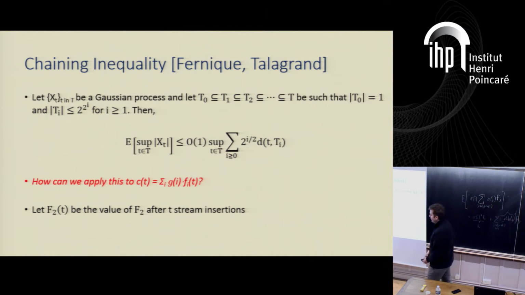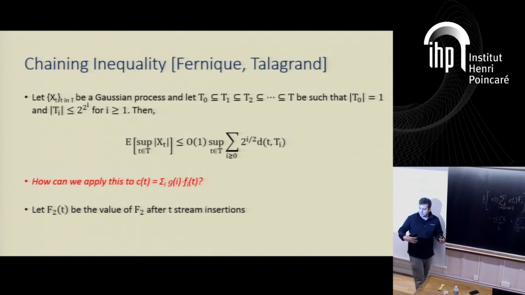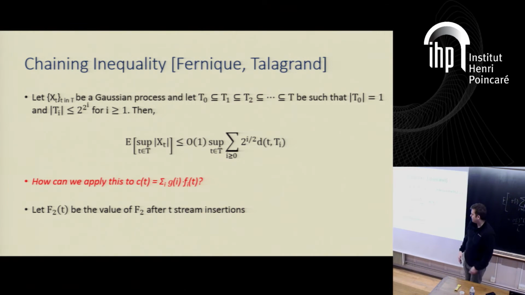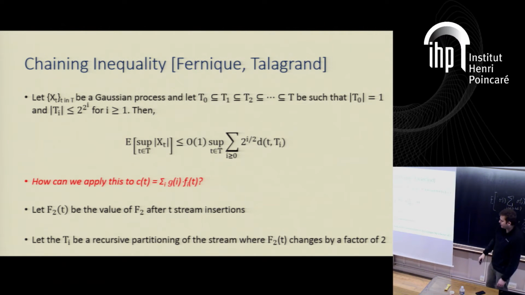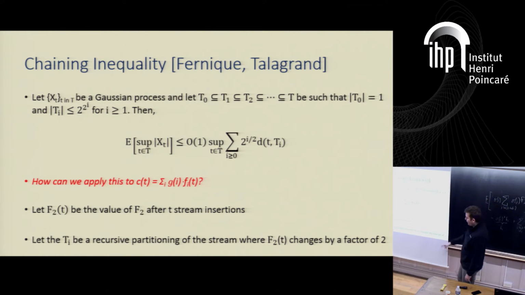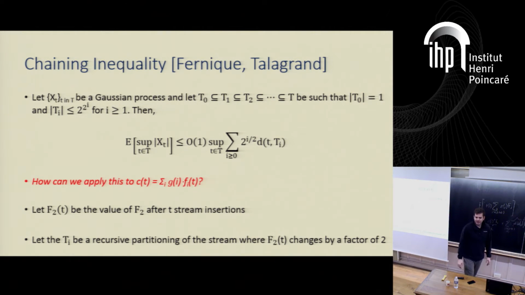Recall f2 is the sum of squares of all the frequencies. f2 at time t is that quantity after seeing t updates. And the intuition, which I'll show on the next slide, is that T_i is going to be a recursive partitioning of the stream based on where f2 of t changes. Let me show you on the next slide to make it clear.